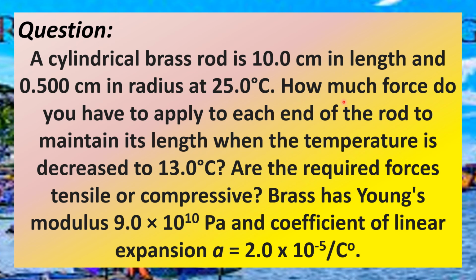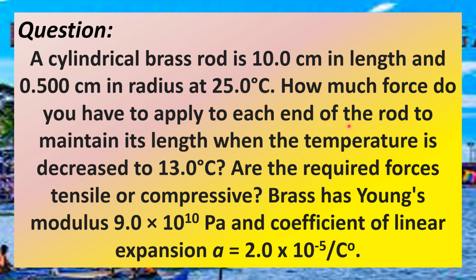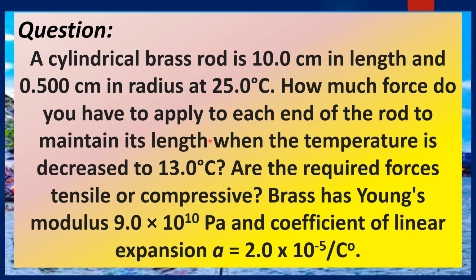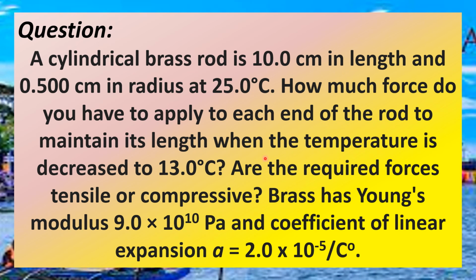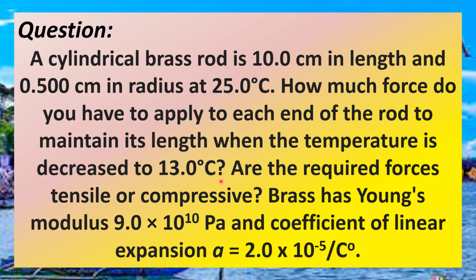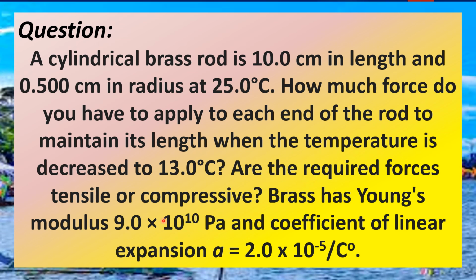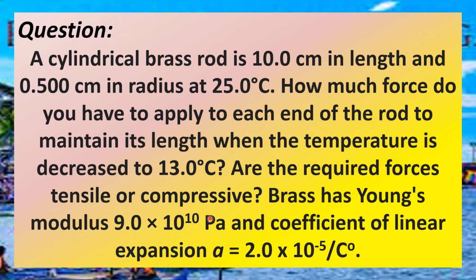How much force do you have to apply to each end of the rod to maintain its length when the temperature is decreased to 13.0 degrees Celsius? Are the required forces tensile or compressive?